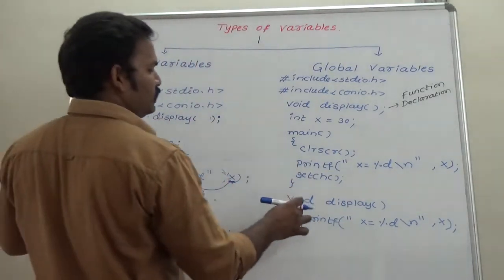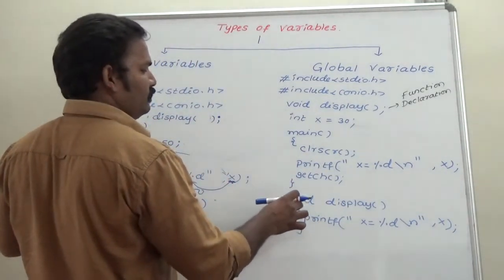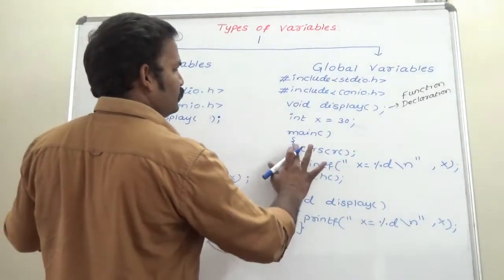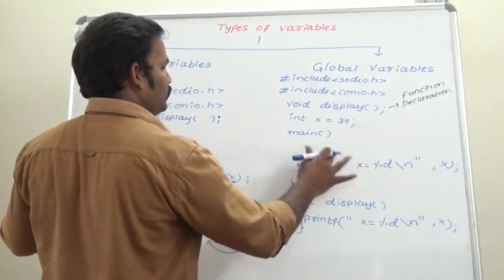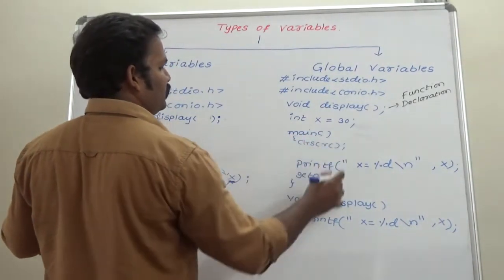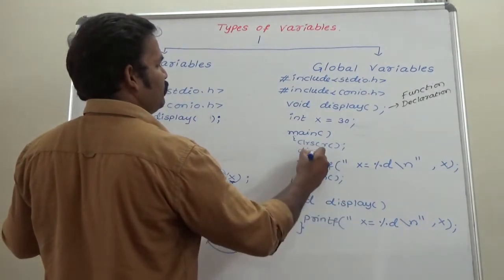So if you want to execute this function, we have to write a function call statement. So I am writing the function call statement here. A function can be called by using its function name.